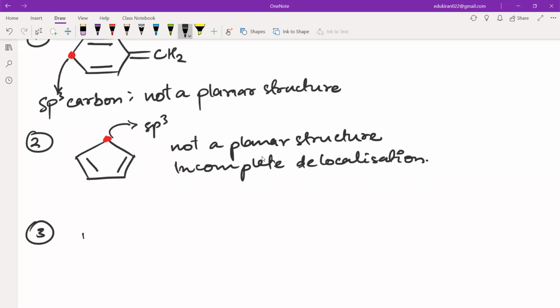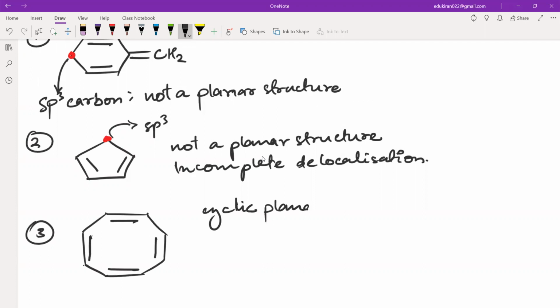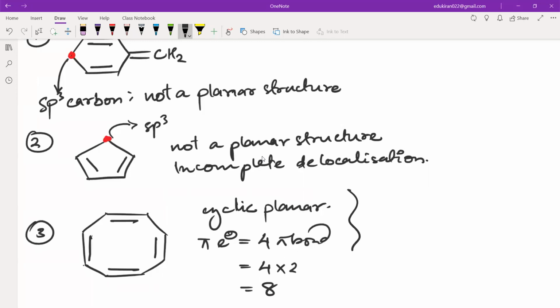Third is if you have something like this. Now here we have the pi electrons like this. In this structure, it is cyclic, and all the carbon atoms are sp2, and it is planar also. Let us look at the pi electrons. There are 4 pi bonds, and each bond has 2 electrons, so 4 into 2 is equal to 8 electrons.